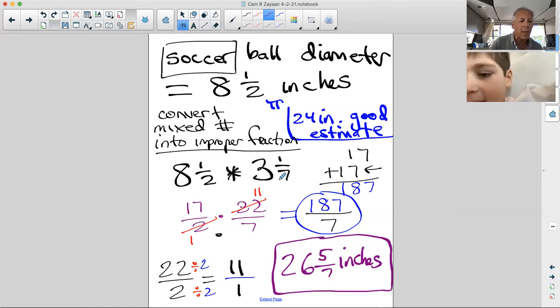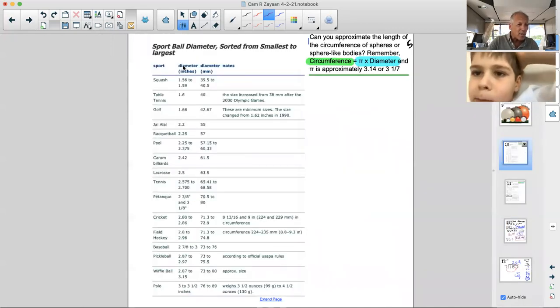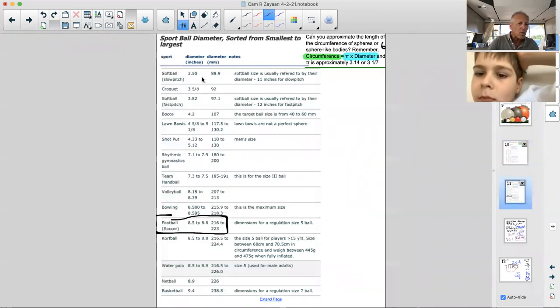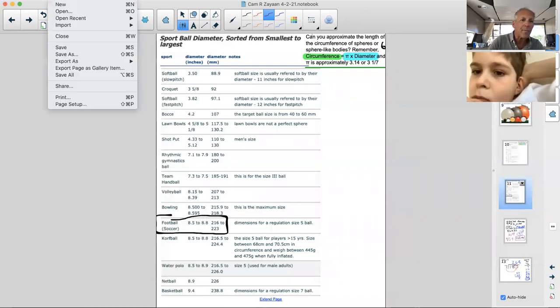Will you try that for me? Yes. Now, Cam, I got some good news. I gave you the diameters of every type of ball. There's 2 pages of diameters, and you could do the same thing with a basketball, anything that you're interested in. So I want you to have some fun with that.